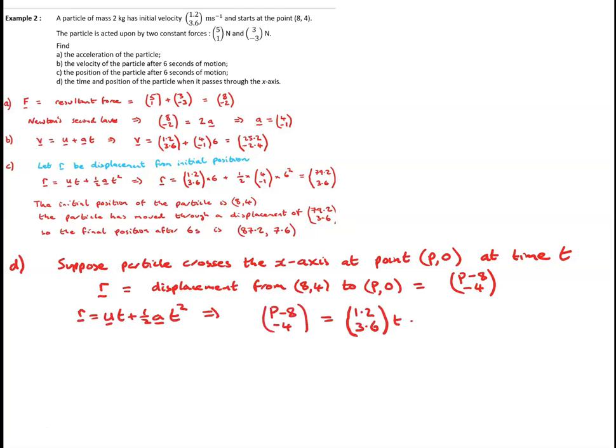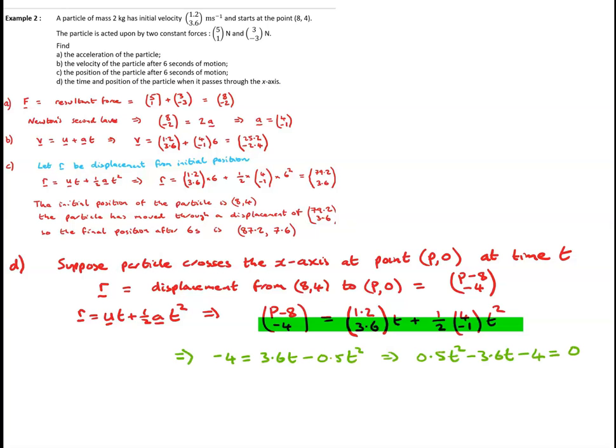So we've got the equation, the vector (p - 8, -4) must equal the vector (1.2, 3.6) times t plus a half of the vector (4, -1) times t squared. Looking at the y components of this equation, we've got -4 equals 3.6t minus 0.5t squared.